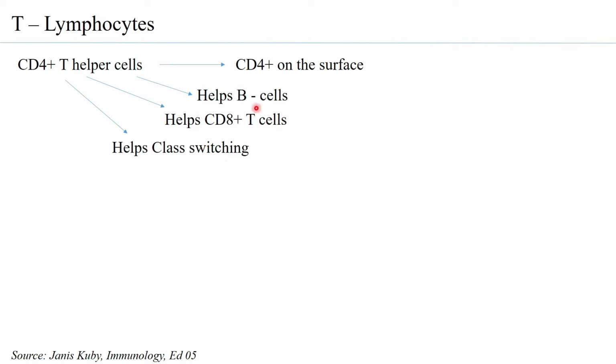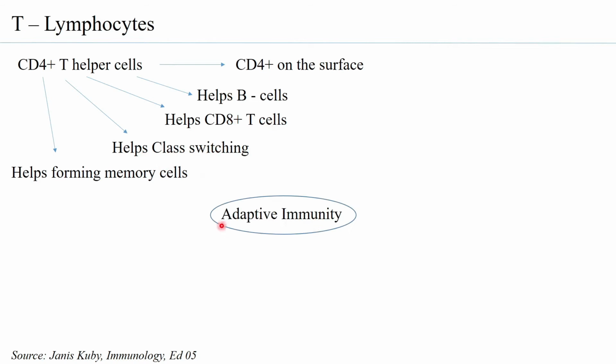So suppose a B cell has IgM on its surface, and due to the CD4 plus T helper cells, the IgM can get switched to IgG. So that becomes class switching. It can also help in forming memory cells. So whether you consider helping CD8 plus T cells, class switching, or forming memory cells, these all are associated with what we term adaptive immunity.